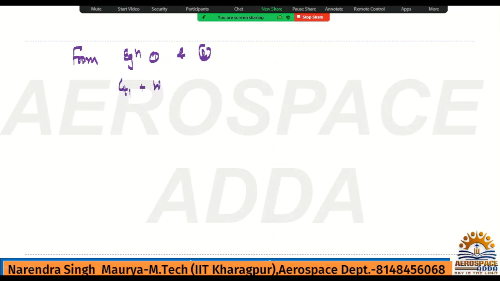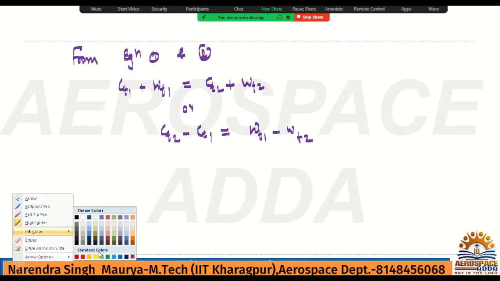CT1 plus WT1 is equal to CT2 plus WT2, or you can write CT2 minus CT1 is equal to WT1 minus WT2. This is very powerful result.